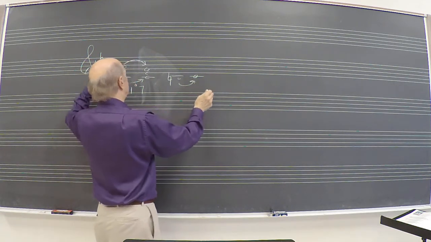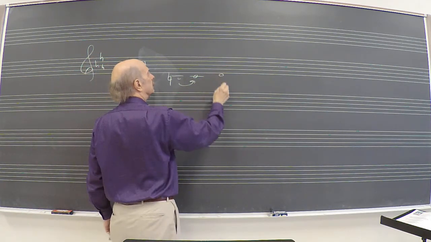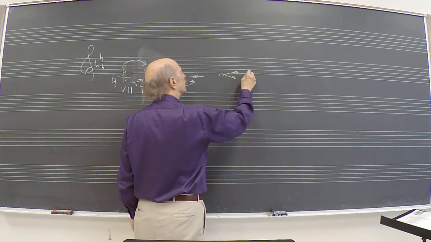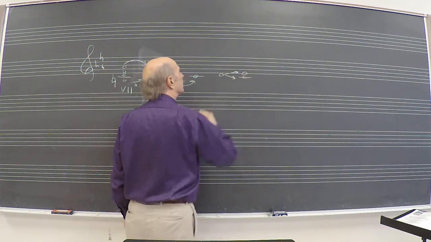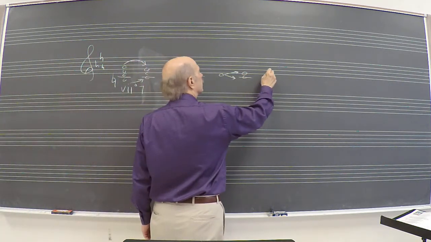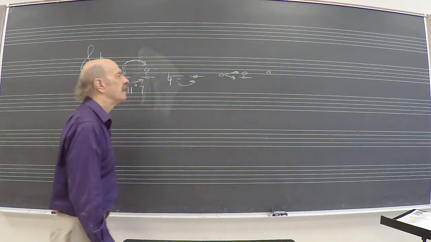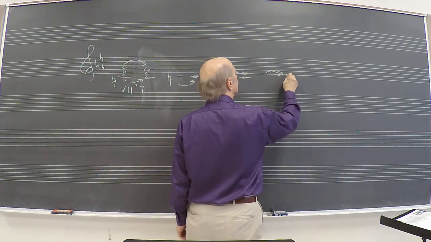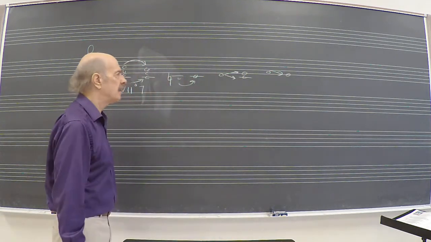And the next pitch up, the third, is ambivalent in its resolution. It could move up or down, like so. All right. And the fifth, in this case an F, its tendency is down. Occasionally, it might resolve up by step.